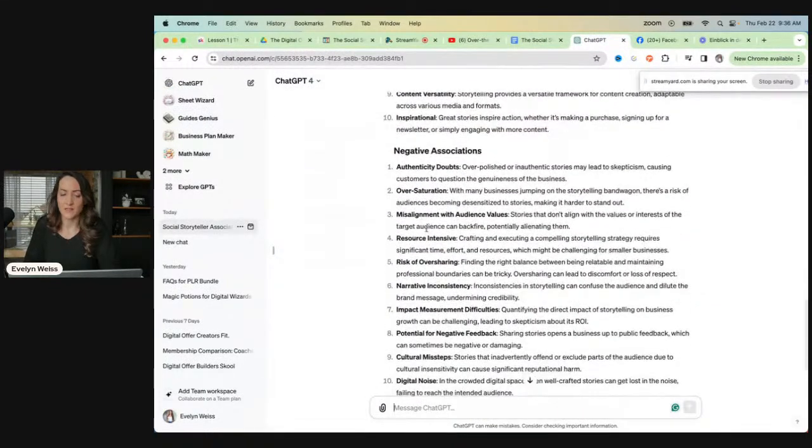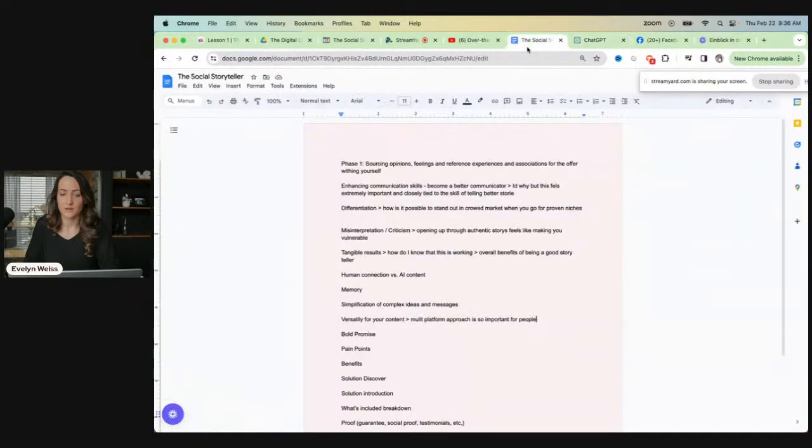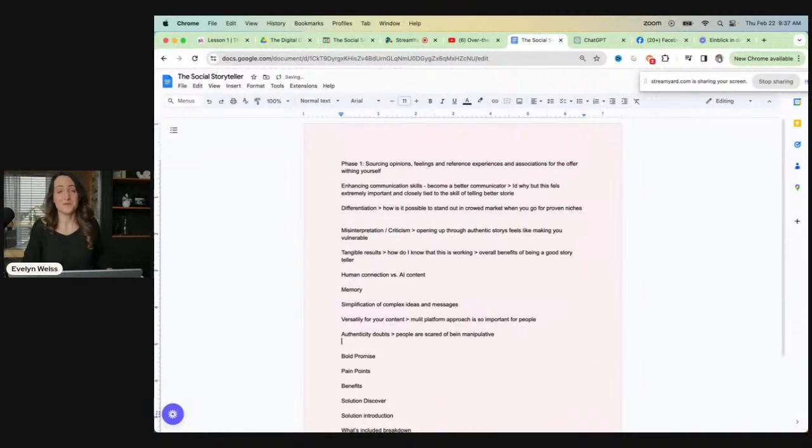Authenticity doubts, yes. So I think it's authenticity doubts, and people don't want this to be manipulative. People are scared of being manipulative. At least the type of people we want to attract, right?